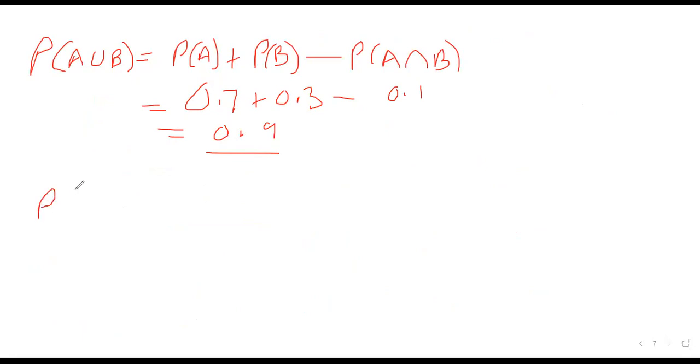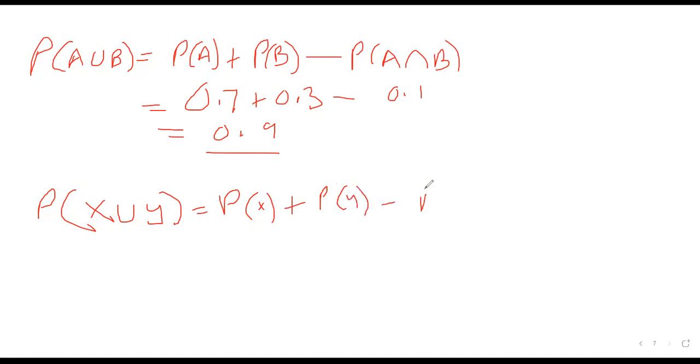Can somebody tell me how we find the probability of X union Y? In the same format: probability of X plus probability of Y minus probability of X intersection Y. Great.